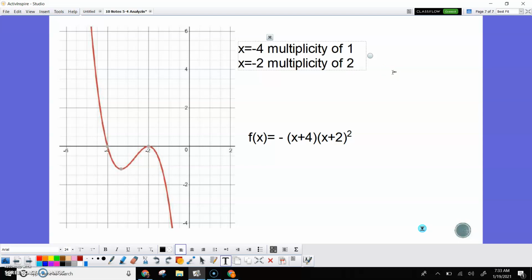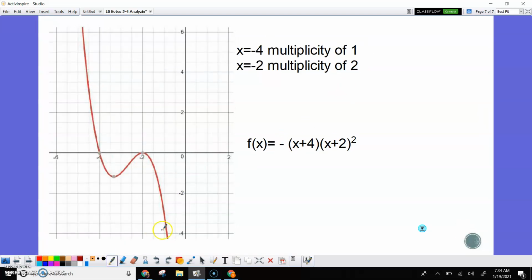So it has a multiplicity of 2. And then also looking at here, the right side is going down, so that means the leading coefficient is negative. So I put a negative in the front, x plus 4 is only written once, and then x plus 2 is squared. And then that would be my function.